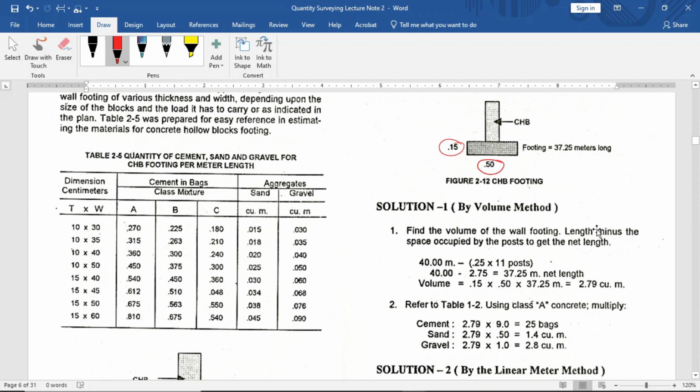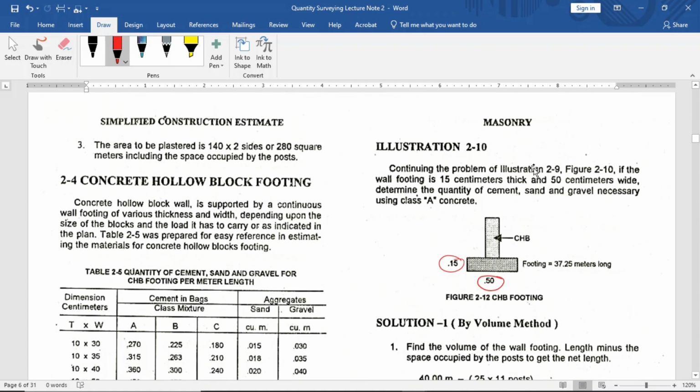So, first is find the volume of the wall footing. Length minus the space occupied by the post to get the net length. Illustration 2-9.